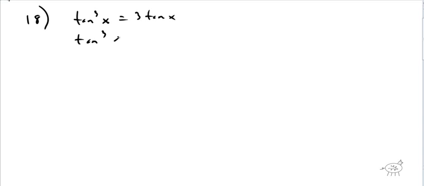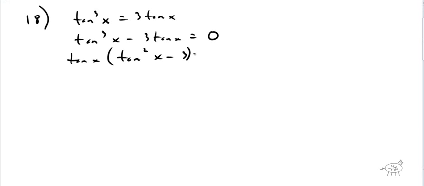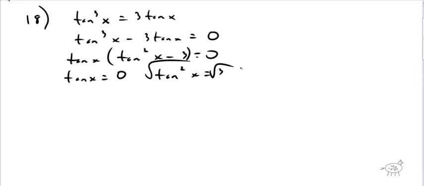So tangent cubed of x minus 3 tangent of x equals 0. So I get tangent of x times tangent squared of x minus 3 equals 0. So I say tangent of x equals 0 and tangent squared of x equals 3. Take the square root. So I get tangent of x equals plus or minus root 3.